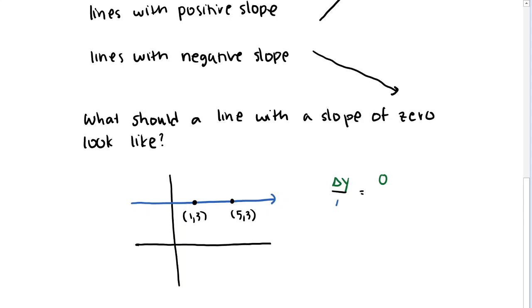And then we divide that by the change in x. Well, between these 2 points, the change in x is going from 1 to 5. That's a change of 4 in x, if I'm starting from this left point and going to this right point. And if we have 0 in the numerator of a fraction, and we divide it by some other number, at the end of the day, that fraction is really just the same as the number 0, right?